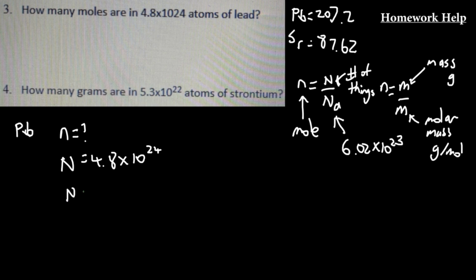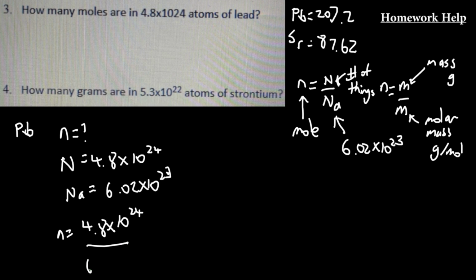That's Avogadro's number. It's always going to be 6.02 times 10 to the 23. And I'll plug it into your calculator, and then you should get n equals 4.8 times 10 to the 24 over 6.02 times 10 to the 23.